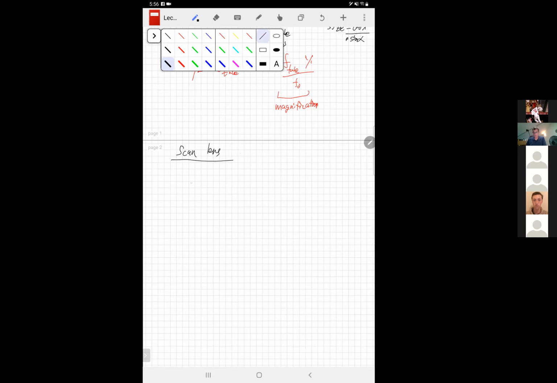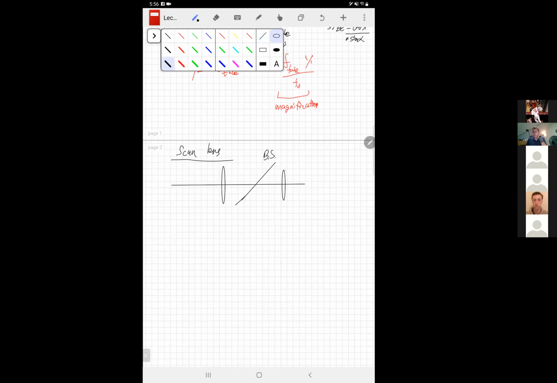So the way these things work in general is we've got our beam splitter. And we've got our objective. And then we've got our tube lens.